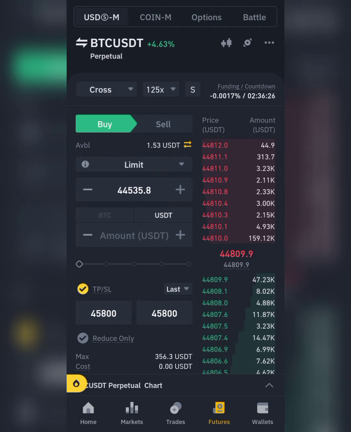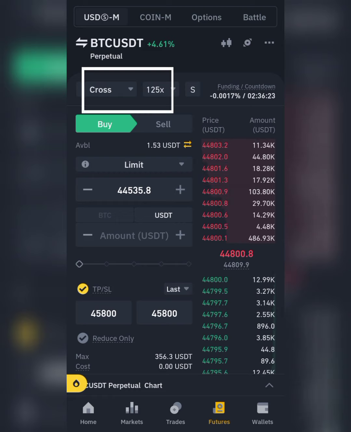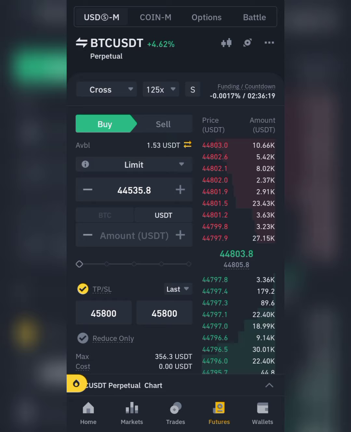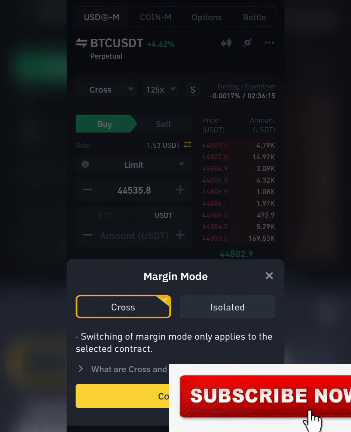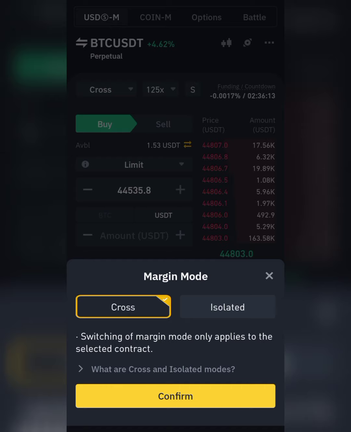Now we can see here on the interface we have cross and we have 125x. Now I'm going to explain what this is. If we click on cross right now, it's going to take us to the margin mode. We can see clearly that we have cross and isolated. These are two important things you need to know. Under the cross, the cross margin is you entering a position or several positions with one particular bulk sum, which is your margin.